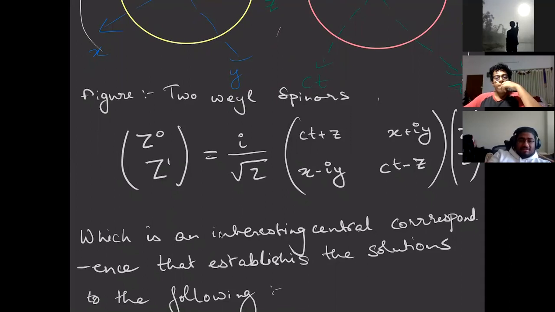So what we're doing is we're talking about something that is propagating along the z direction, right, and your x plus iy. So these correspond to the spinors. Okay. And then you have this as an orthogonal spinor, right?